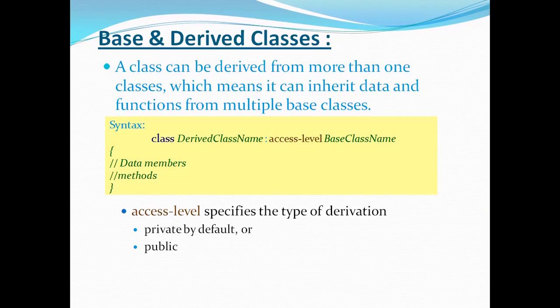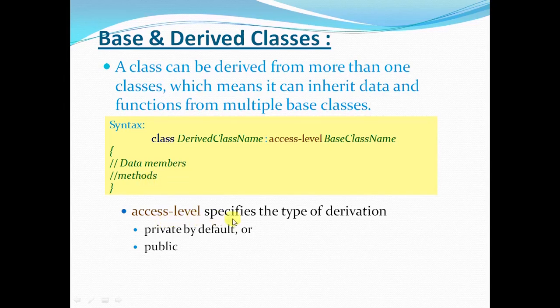Now, the topic is base and derived classes. A class can be derived from more than one class, which means it can inherit data and functions from multiple base classes. The syntax of a derived class is: class derived class name, colon, access label, base class name, followed by the data members and methods.